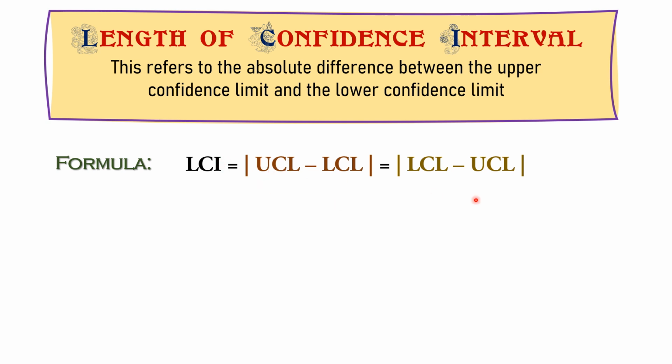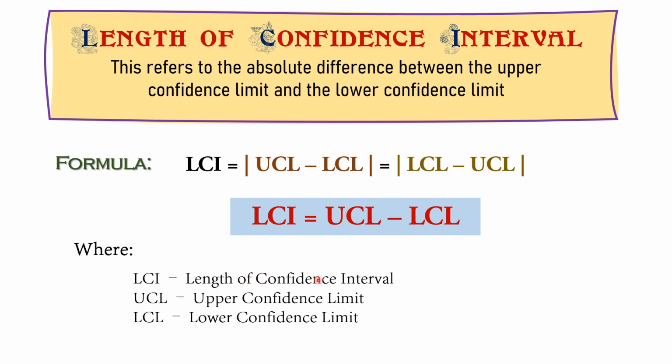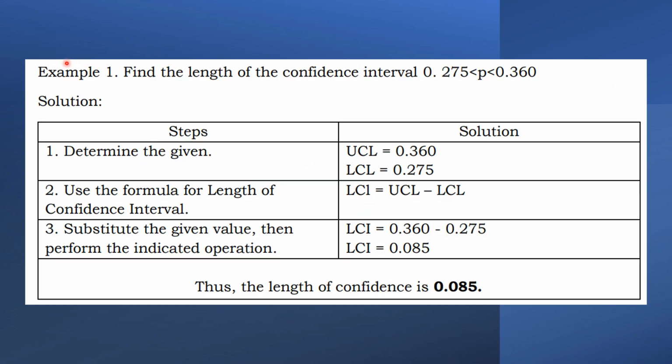But instead of using this formula, we're going to use this one. LCI is equal to UCL minus LCL, where LCI is the length of confidence interval, UCL is the upper confidence limit, and LCL is the lower confidence limit. Okay, now let's have some examples. Example number 1.